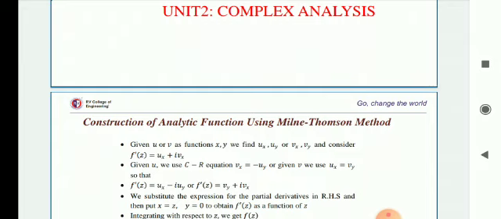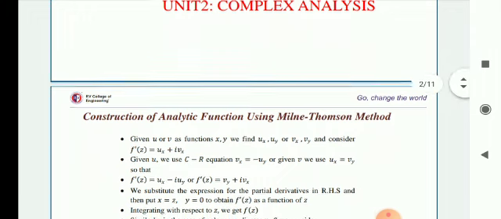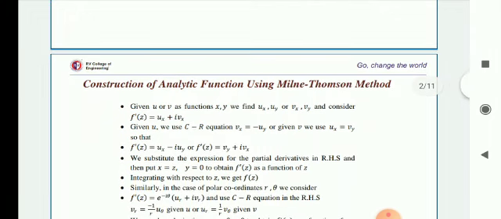When the real part or imaginary part of an analytic function is given, we have to first find the partial derivatives of that real or imaginary part with respect to x and y. As you know, when the function f of z is analytic, f dash of z exists. Therefore, we can express f dash of z as del u by del x plus i times del v by del x.